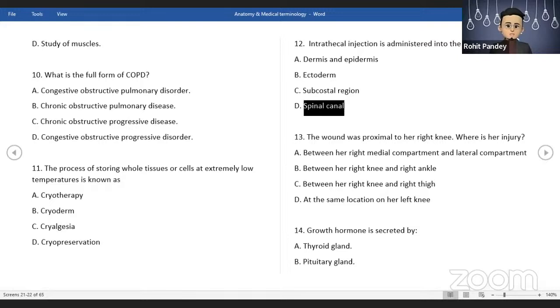I'm going to tell you more about the intrathecal injection site. It describes the fluid-filled space between the thin layer of tissue that covers the brain and spinal cord. Drugs can be injected into the fluid, or a sample of the fluid can be removed for testing.